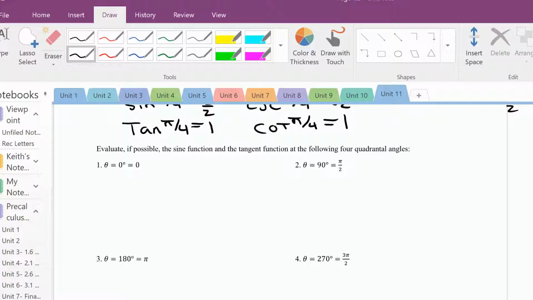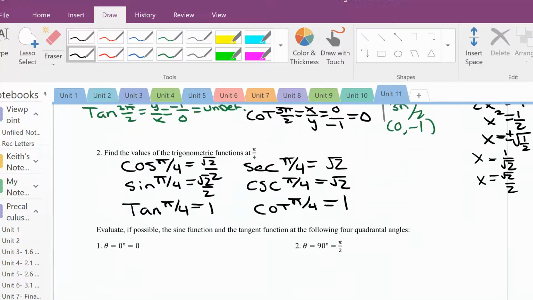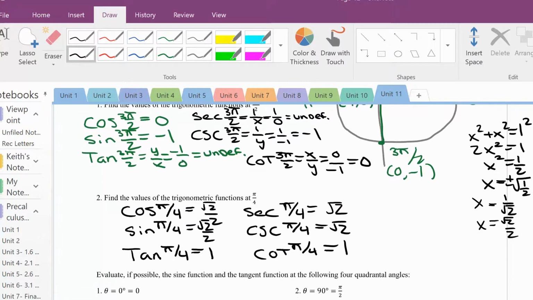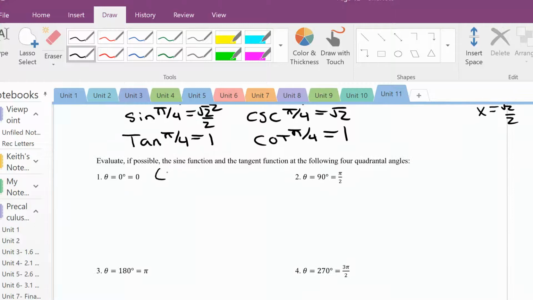So finding the quadrantal angle trig functions, I'll do 0 and then I'll let you do the rest on your own. Remember, the point for 0 is 1, 0, so x and y. So the cosine of 0 is 1, because it's the x. The sine of 0 is 0.